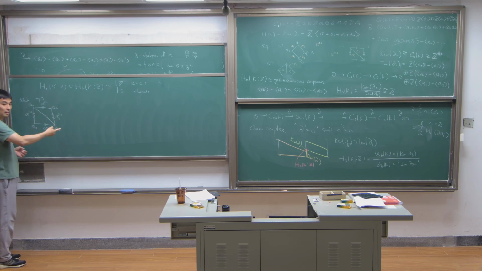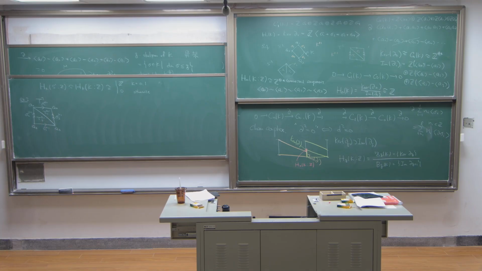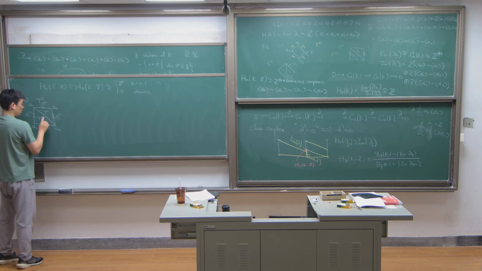Then for the 2-simplices, let's go tau 2, 1, then tau 2, 2. Let's go this way.